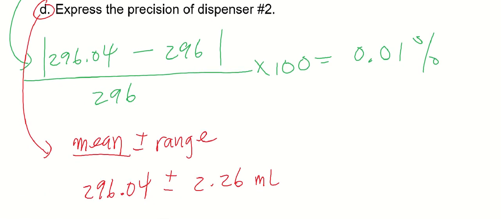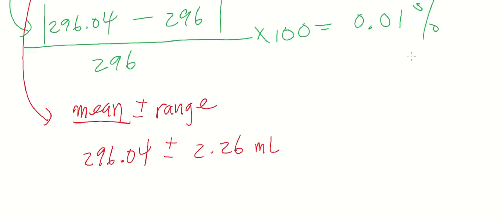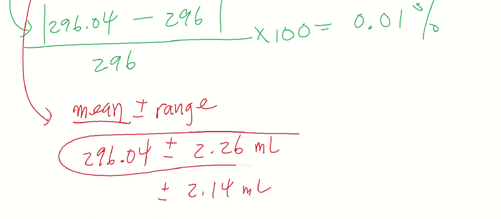Doesn't matter the order because we're doing plus or minus anyway. And I get plus or minus 2.14 milliliters. So I'm going to need to use the larger range so it encapsulates all the experimental measurements. So this is going to be the answer for expressing the precision.